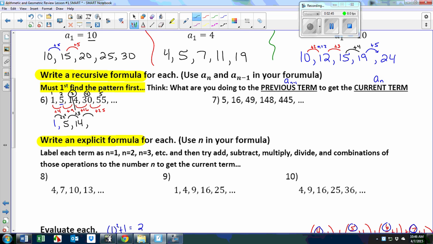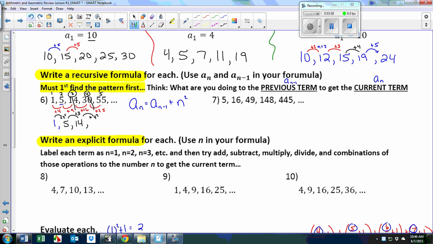To get the next term, the fourth term, what would I add? I would add 4 squared. I'd add 16. So I'm adding the value of n squared. In symbols, it looks like this. Any term is the previous term plus this number, whatever it is, n squared.